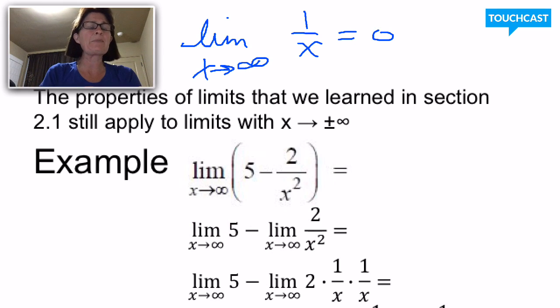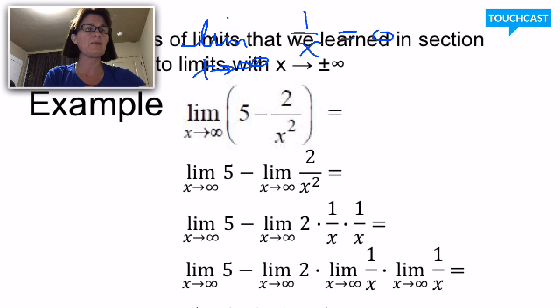I can think of 2 over x squared as 2 times 1 over x times 1 over x. Now I have a limit of an extended product, and I can rewrite that as the product of the limits.